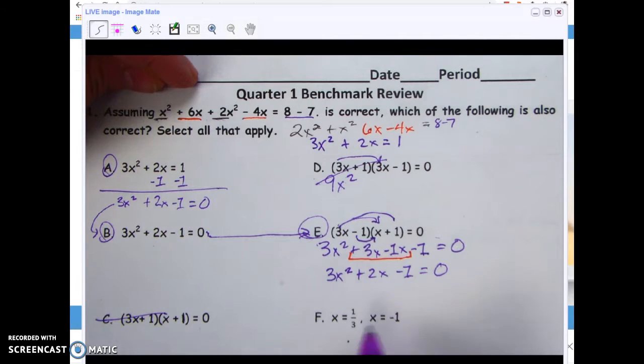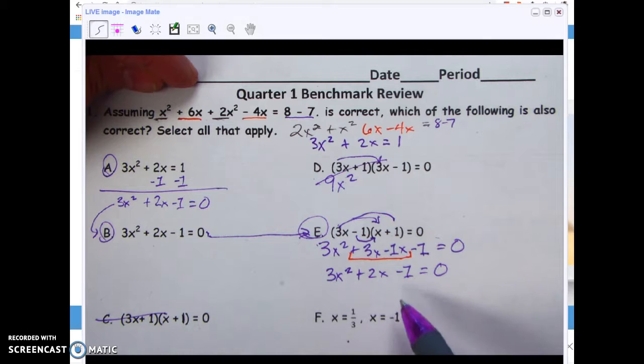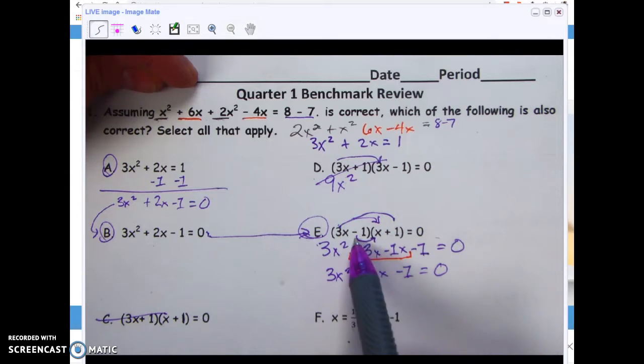Now, I'm looking at this, and this is different from the rest, but this is a thinking test. This is an analysis type of test. So now I've got to think, where would these have come from? Why would I just have x equals 1/3 and x equals -1? And then I got to think, oh, wait a minute, I just factored. Factors will tell me what the x's are. So I'm going to set each of these equal to 0 and see if they work.